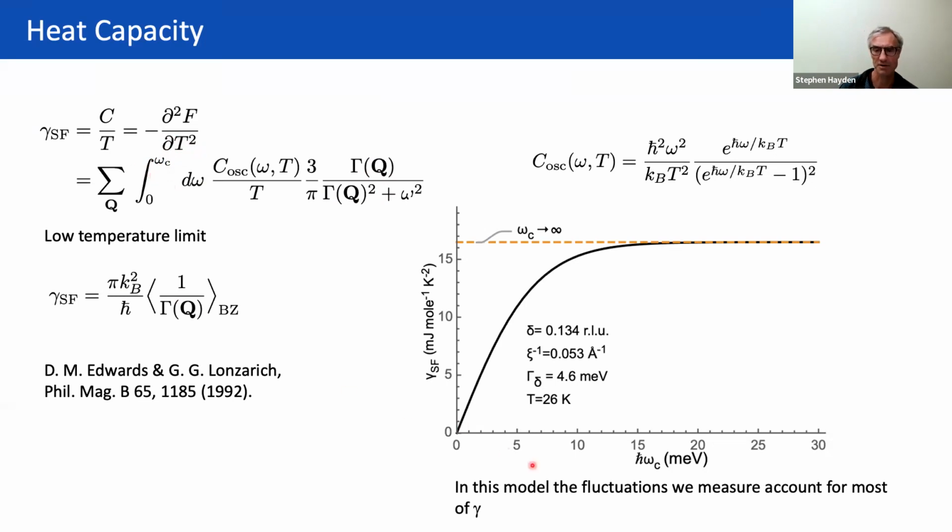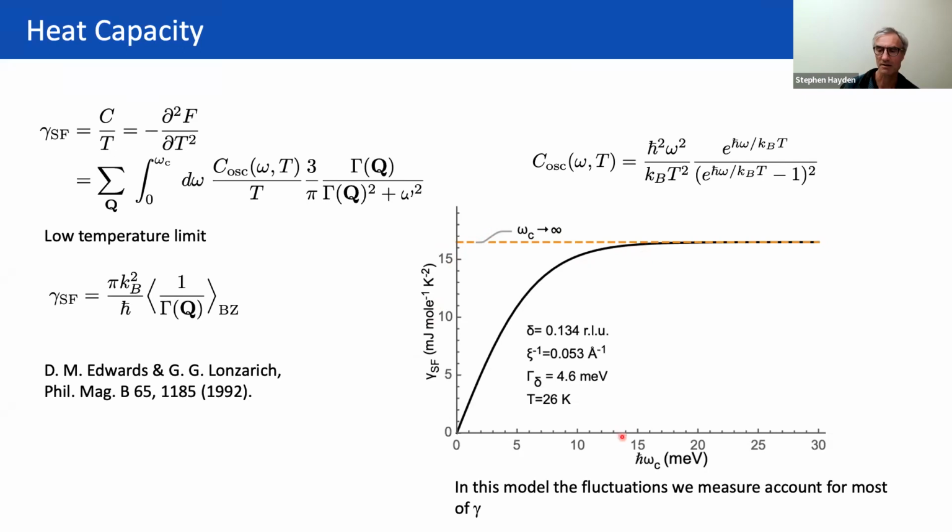Anyway, if we do it as a function of cutoff, you can see that it converges to a value. And these are the parameters that we found in our fits. So we put them in here, and we can work out a value for the specific heat using this, and it comes to about 16 millijoules per mole.